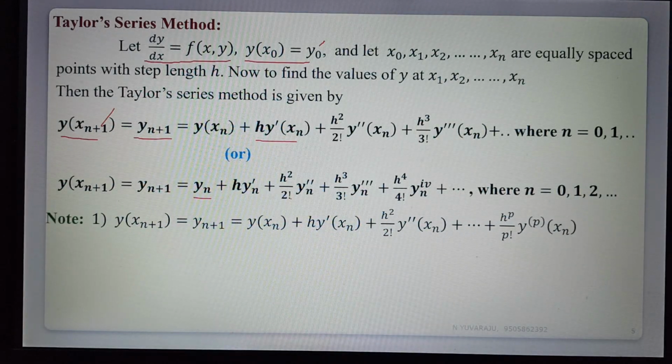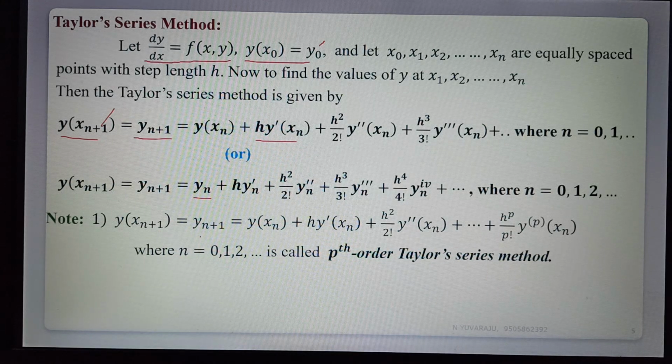See that note. Y of xn plus 1 is equal to yn plus 1 is equal to y of xn plus h into y dash of xn plus up to so on, h power p by p factorial times the pth derivative of y at xn, and it is only a finite expansion. The Taylor series expands up to pth order only.